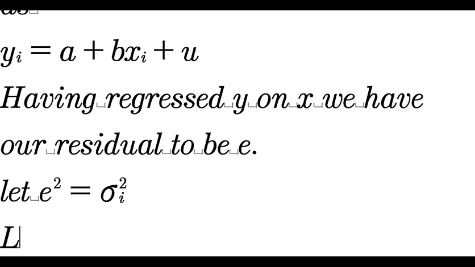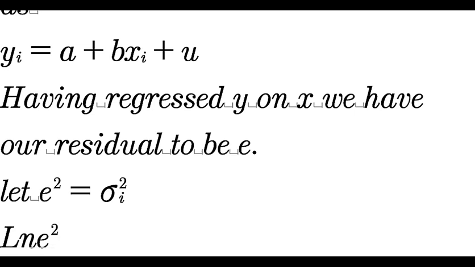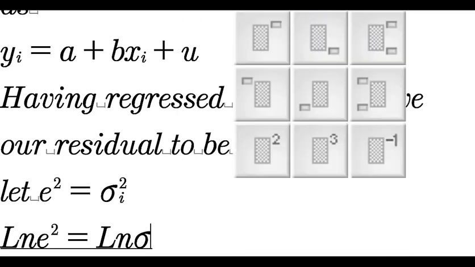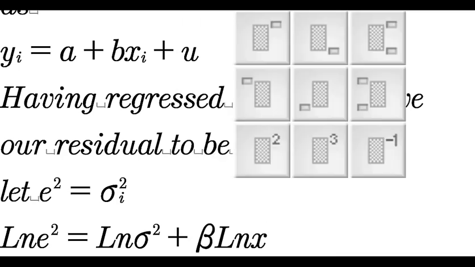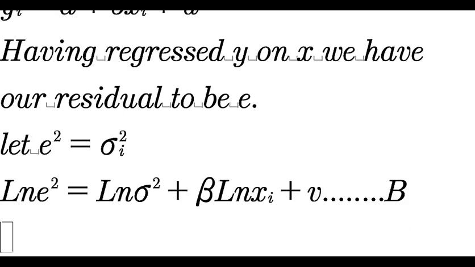So now we have ln e raised to the power 2, that is the square of the residual, equal to, from your right hand side, ln of the constant, ln sigma squared plus beta ln x_i plus v_i. Let's call this equation B.